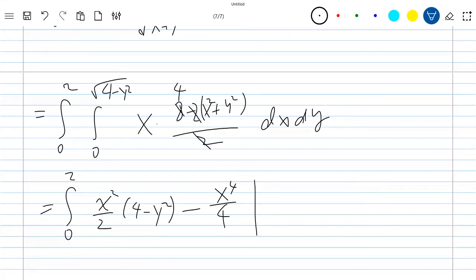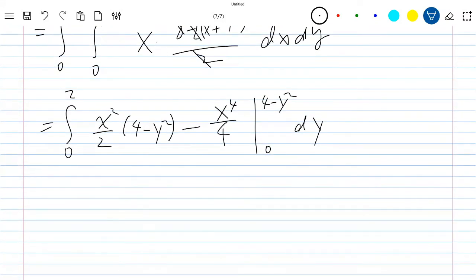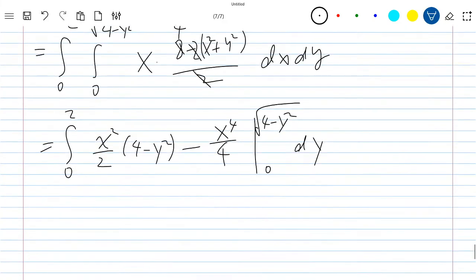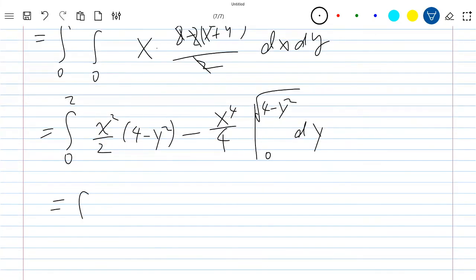Then you plug in the limits, 0 to square root of 4 minus y squared, dy. So actually not too bad. 0 to 2. Then you plug in the square root. It actually becomes just that, right? Then square root squared and squared again, so you get this.